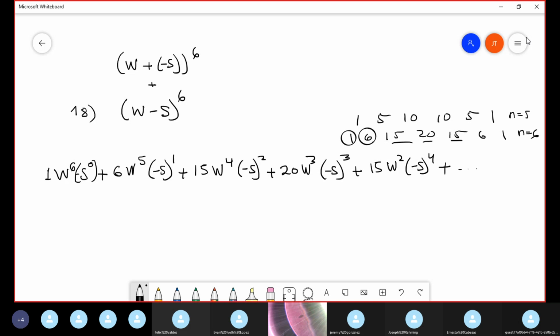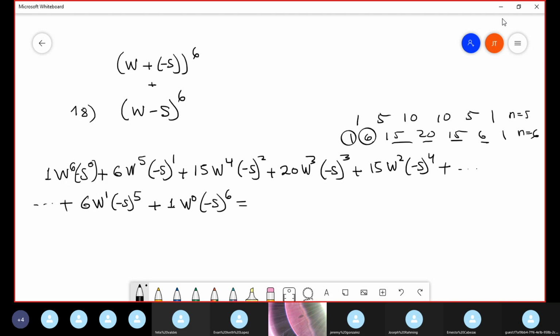Plus, we continue down, what's the next coefficient? 6 w1, no? Because w2, w1, and minus x to the 5th power. Plus, the last coefficient is 1, w0, no w, minus x to the 6th power.